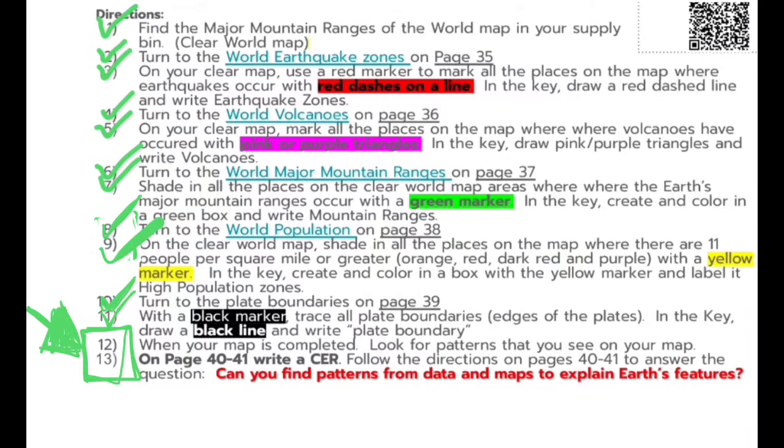All right, welcome back. For steps 12 and 13, when your map is completed, look for patterns that you see on your map. On pages 40 and 41, write a CER. CER is a fancy acronym for Claim Evidence Reasoning. Follow the directions on pages 40 and 41 to answer the question, can you find patterns from data and maps to explain the Earth's features?